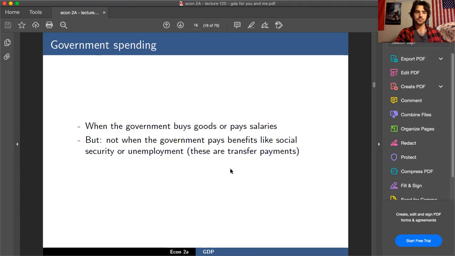We compare price. Government spending, when the government buys goods or pays salaries, but not when the government pays benefits like Social Security or unemployment, those are transfer payments. So, like I said, the government's spending is going to be things like wages for soldiers, for government employees, like working at the CIA or the Pentagon or the Department of Agriculture or Homeland Security.